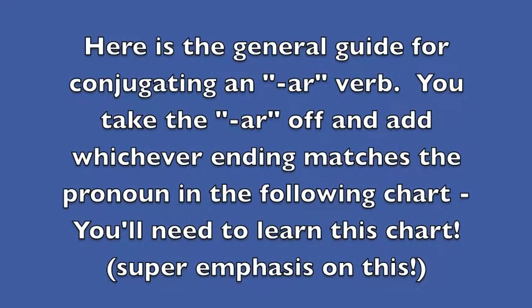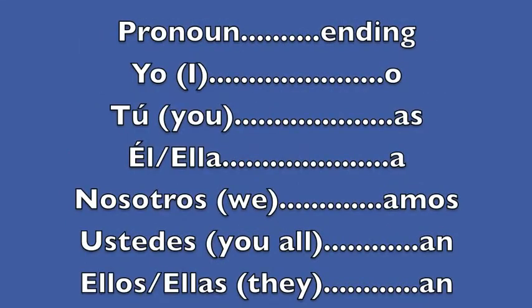And so now, here's the general guide for conjugating a normal AR verb. You take the AR off of the end and add whichever ending matches the pronoun in the following chart. You'll need to learn this chart because this is very important. So if the pronoun in your sentence is yo, I, the verb should end in o. If the pronoun is tú, which means you, the verb should end in as.